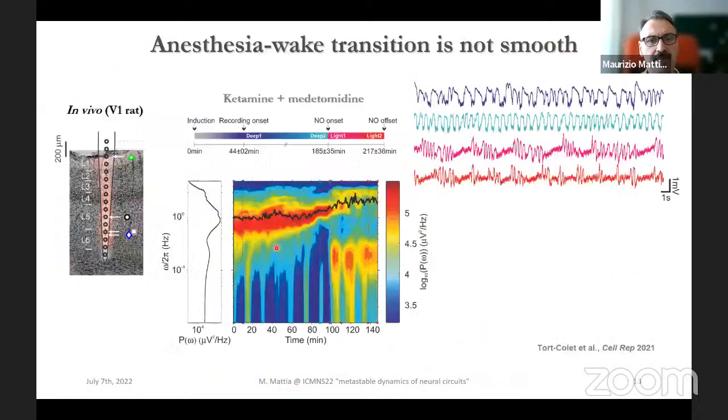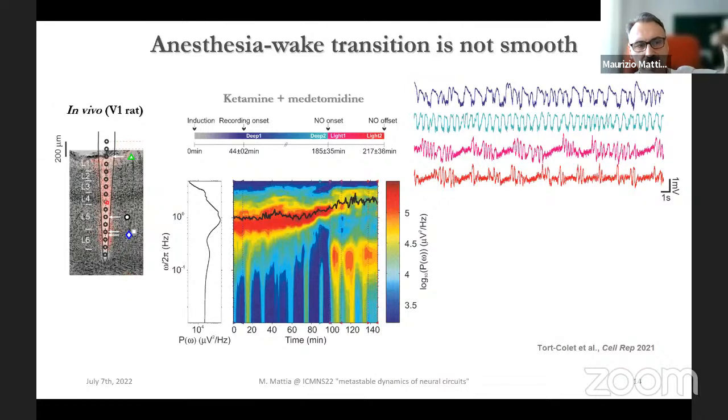Okay, and if you come back to this macroscopic level, at the level of the cell assembly, you see that this richness is characterized by something that is once again metastable dynamics. This is an experiment in which the rats are anesthetized with ketamine. Again, we have a silicon probe in the visual cortex.